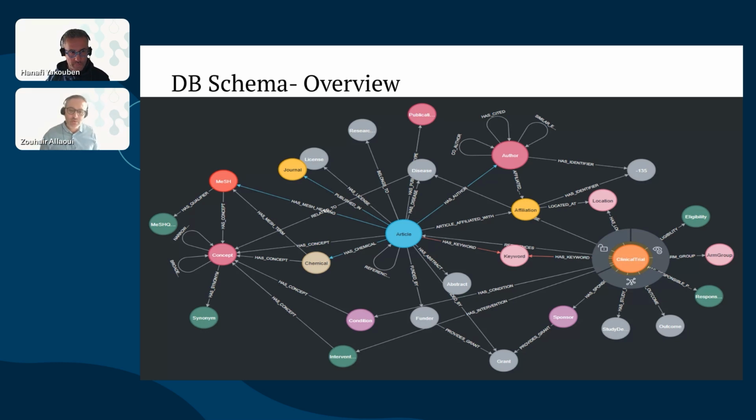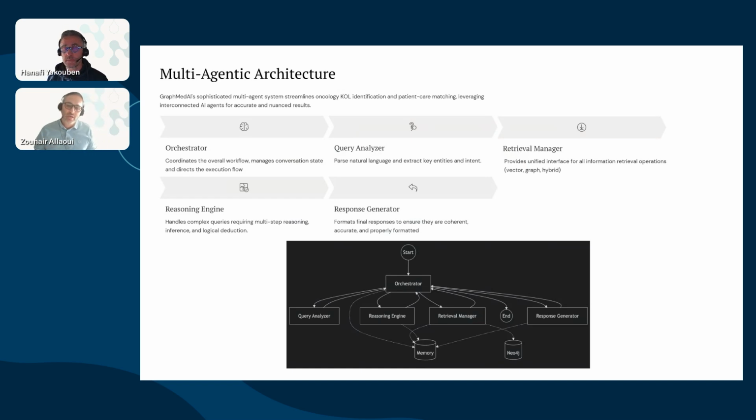So we used some LLMs to find some of the relationships between the different nodes, and we are also handling some structured and unstructured data, and on top of that we are also adding the embeddings of the data we are collecting to be able also to use some vector similarity search techniques to have better results.